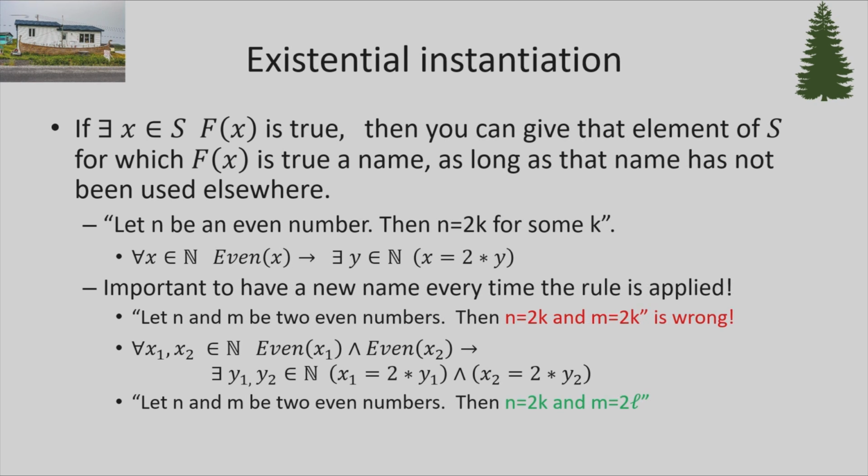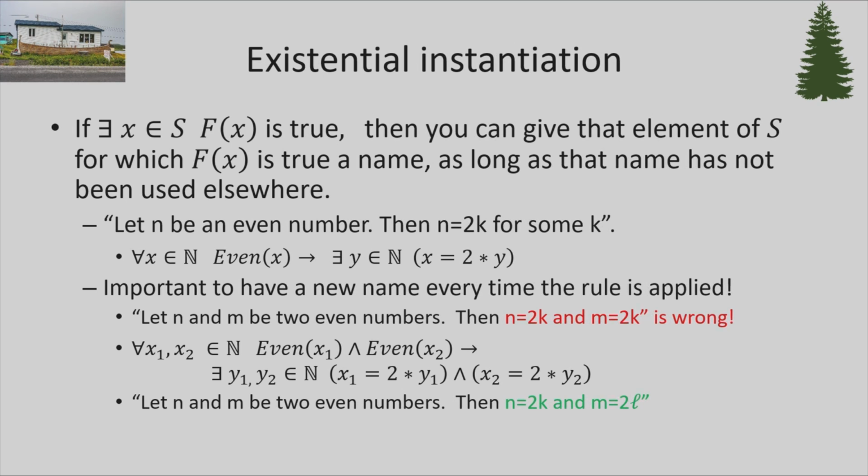And now we want to say n and m are two even numbers. You might be tempted to say n equals 2k and m equals 2k. But wait a moment. If you say that, you just made n and m the same number, which is probably not what you intended. So instead, here you're applying the rule twice.